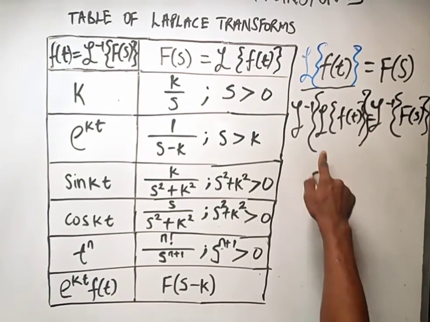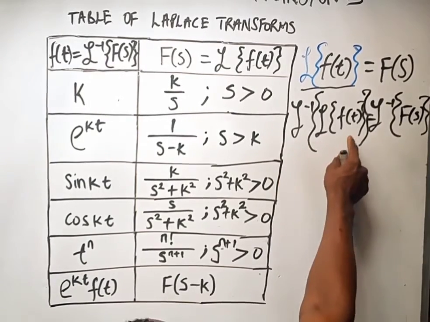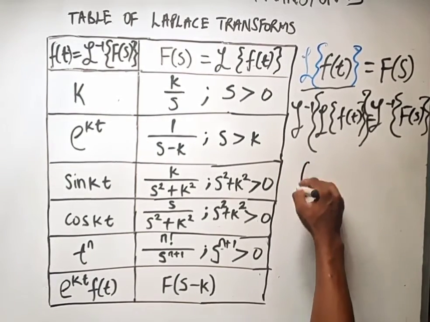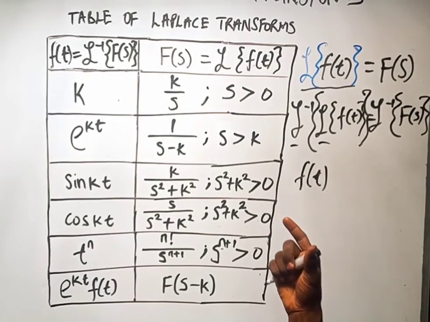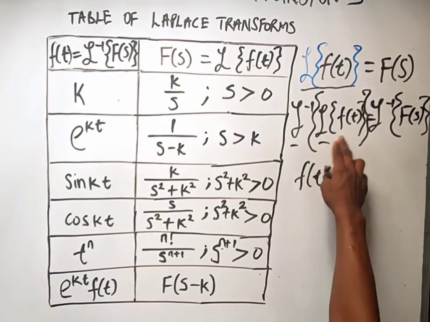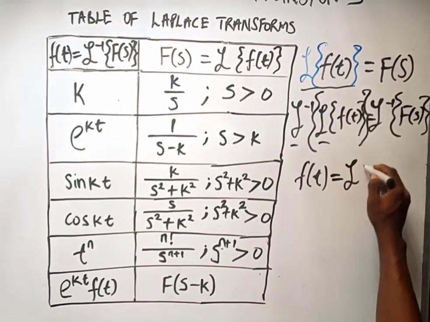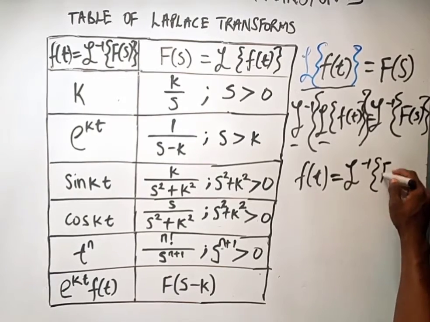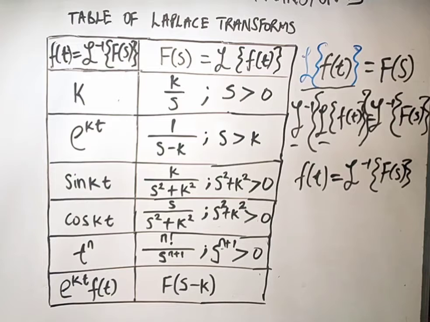Here we know that the Laplace inverse of the Laplace transform of a function of t will just give us the function of t, where these two are inverses of each other. By composition of inverses, we get back the original argument. And here we have the Laplace inverse of a function of s, so we'll be working backwards from the Laplace transform.